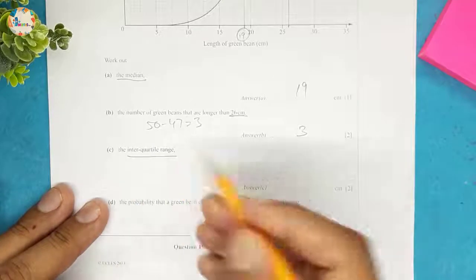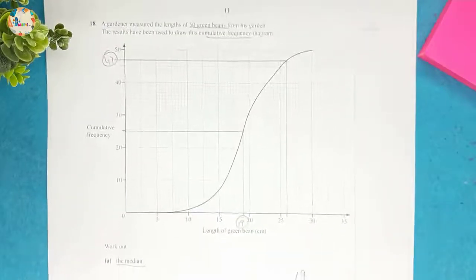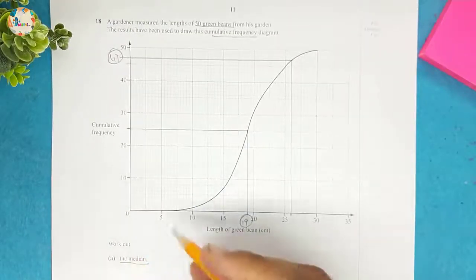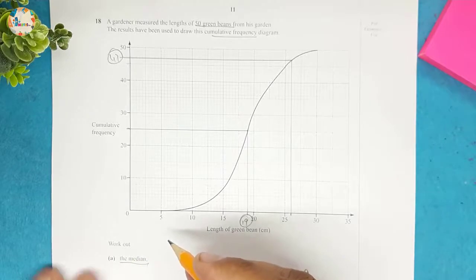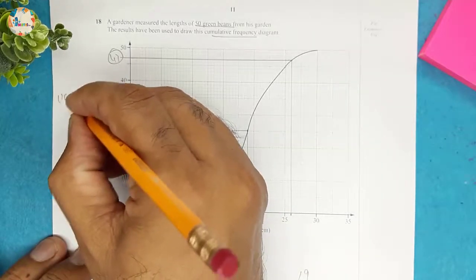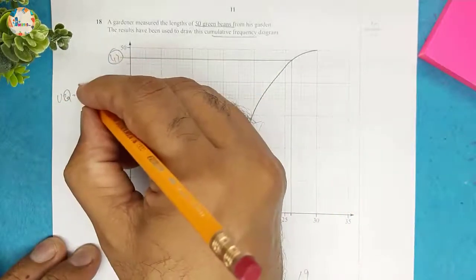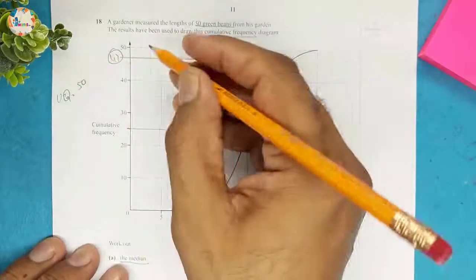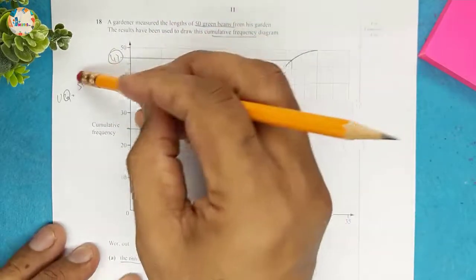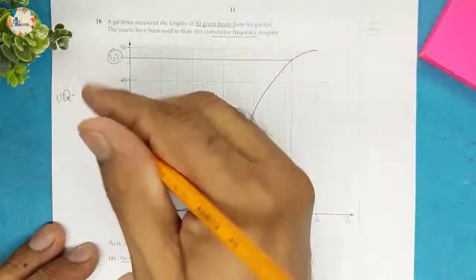The interquartile range. For the interquartile range, we will be finding the upper quartile and lower quartile. For the upper quartile, we will be calculating 75% of this one.